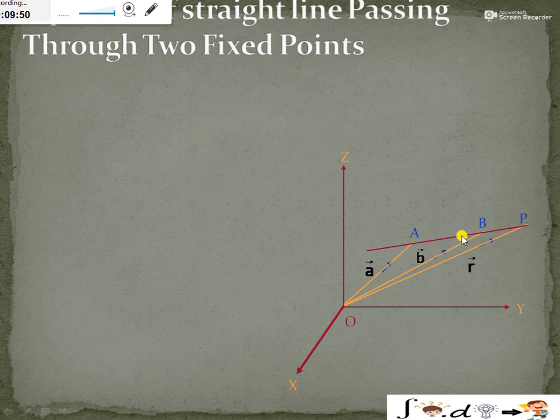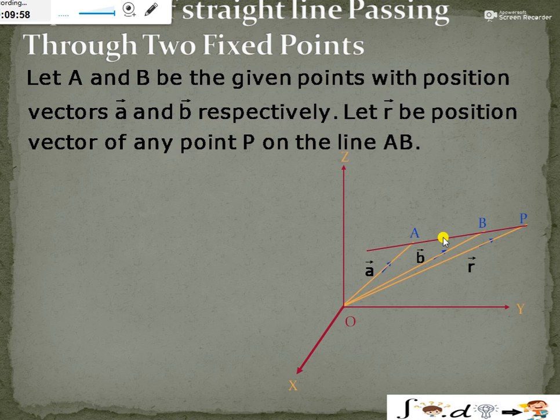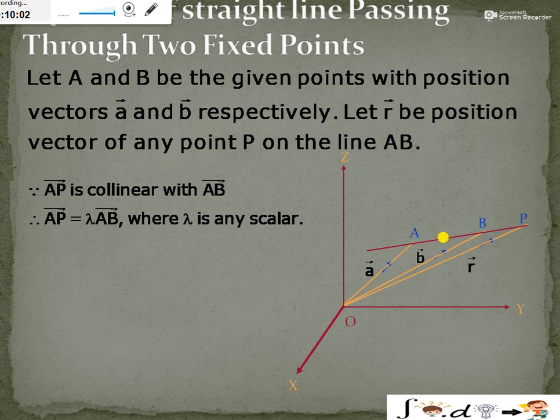When they lie on the same line, it means the direction of AP is equal to the direction of AB. Okay, and now AP is collinear to AB. It means AP vector is equal to lambda times AB vector, where lambda is any scalar.